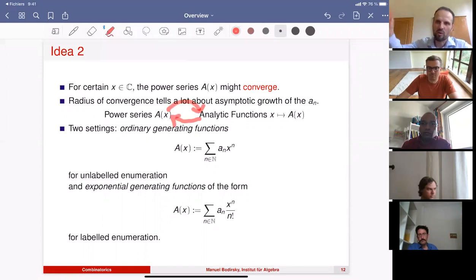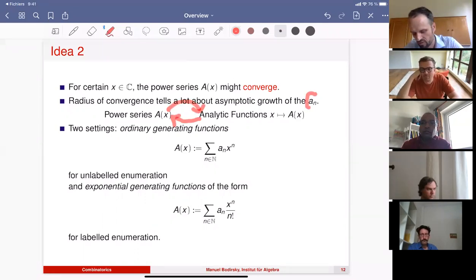This going back and forth is very powerful, in particular if you are interested in the asymptotic growth of the numbers you're interested in, because it's very closely linked to the radius of convergence of this analytic function.